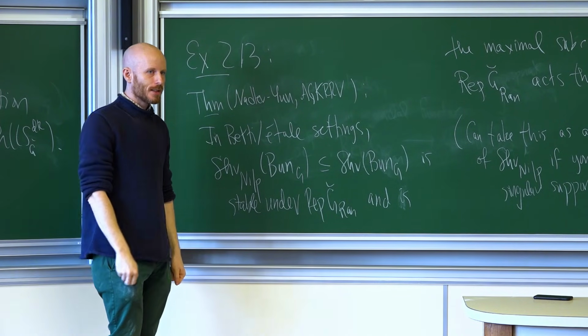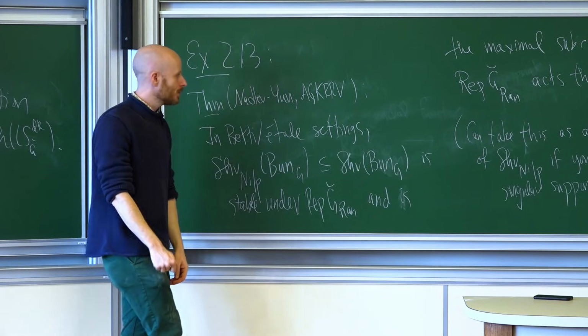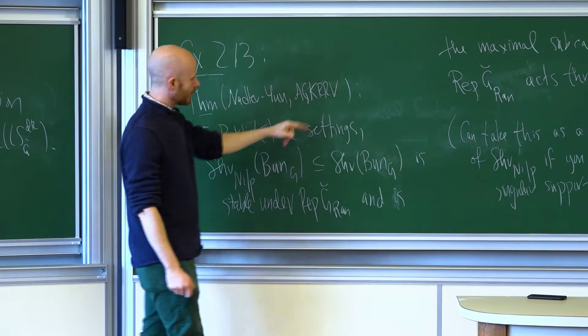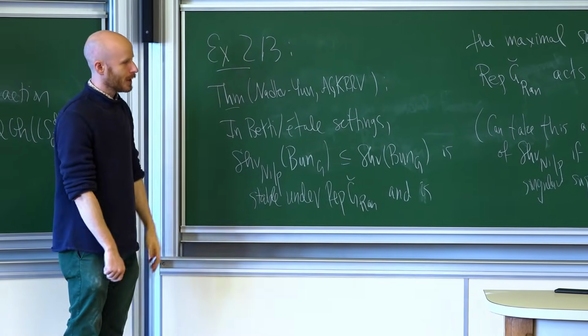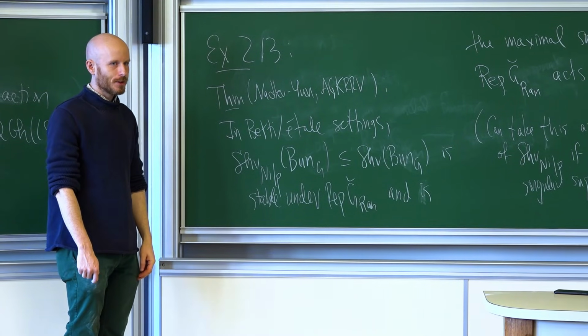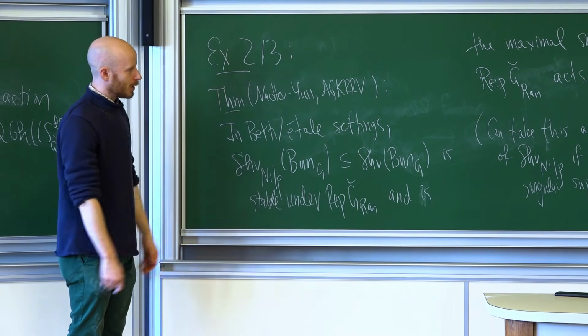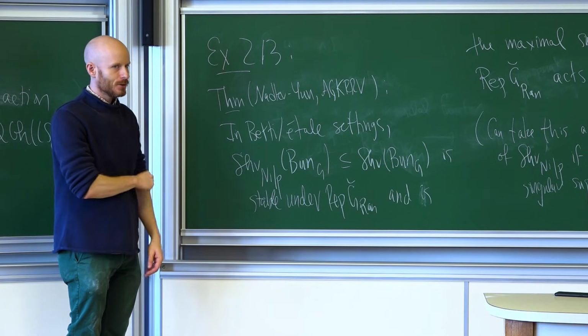And that's basically what Nadler and Yoon prove. And what's proved here is essentially the converse, that if you have that property under the Hecke functor, then you actually were in sheaves nulp.